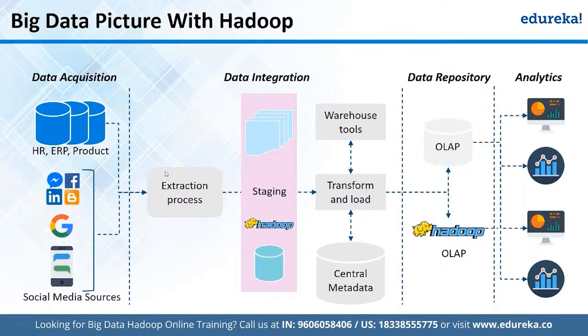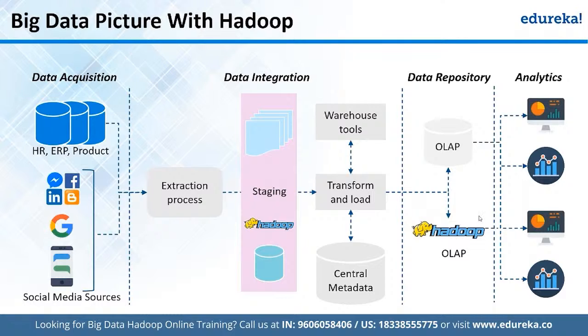If you look at my left-hand side, these are the source systems. You acquire the data from these source systems, then you stage it somewhere before you transform and load, and then finally you load it into Hadoop. Later on, we will see that after loading into Hadoop, data processing also happens.